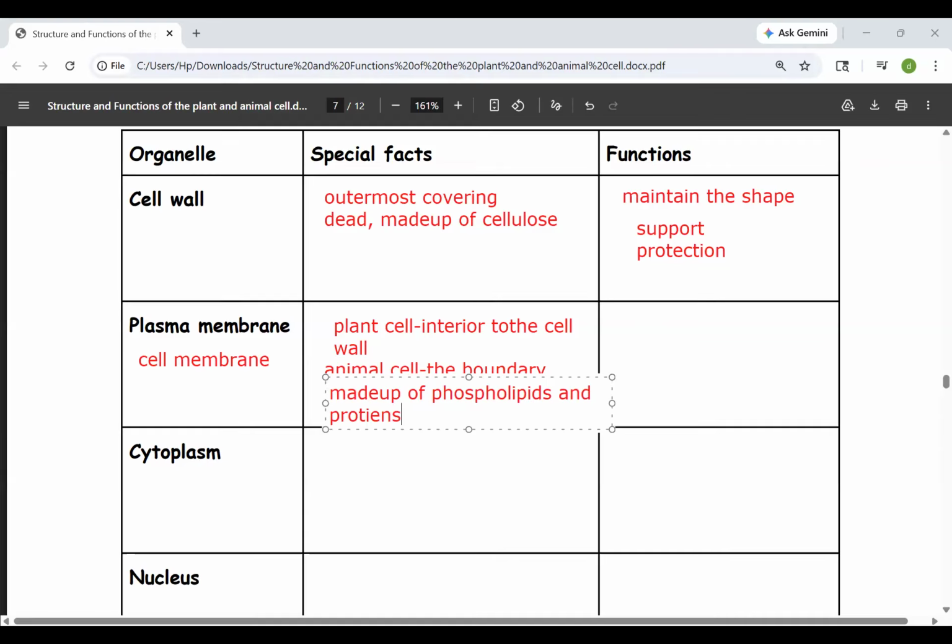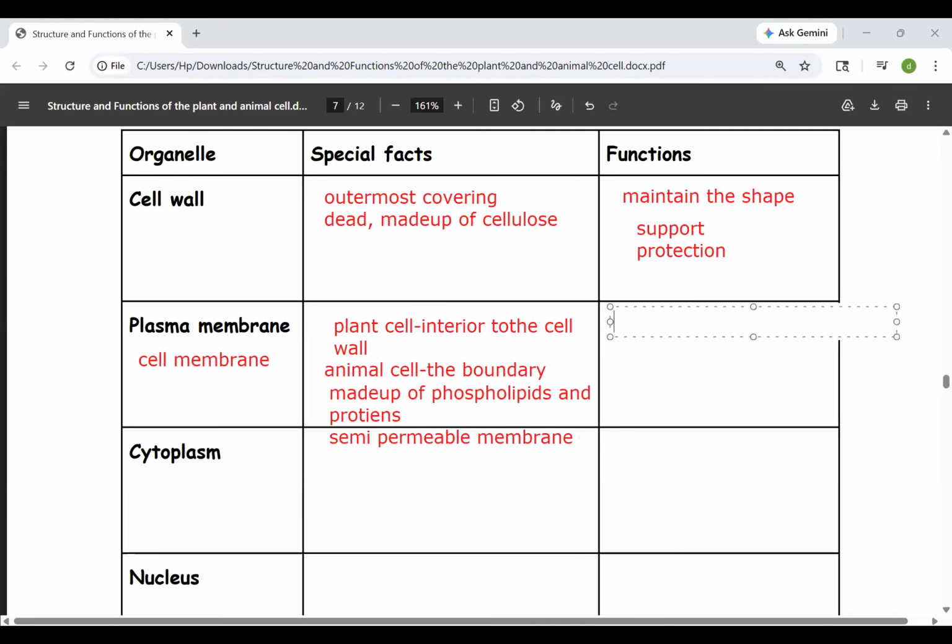Semi-permeable membrane. You can write it because I have no space. You write even using a large font size. You can write, right? Semi-permeable membrane. Right. That's all regarding special facts.